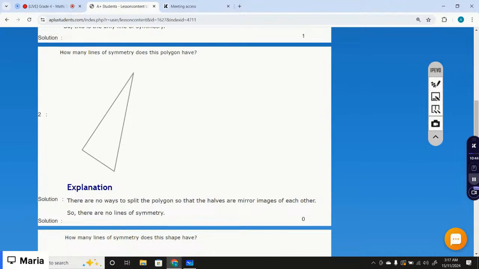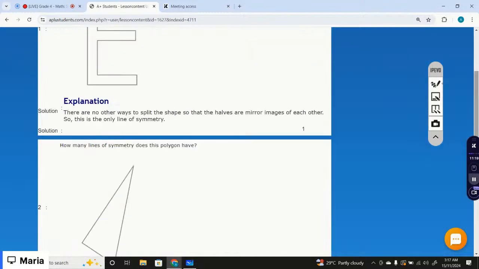How many lines of symmetry does this polygon have? The correct option is no line of symmetry for this shape, right?